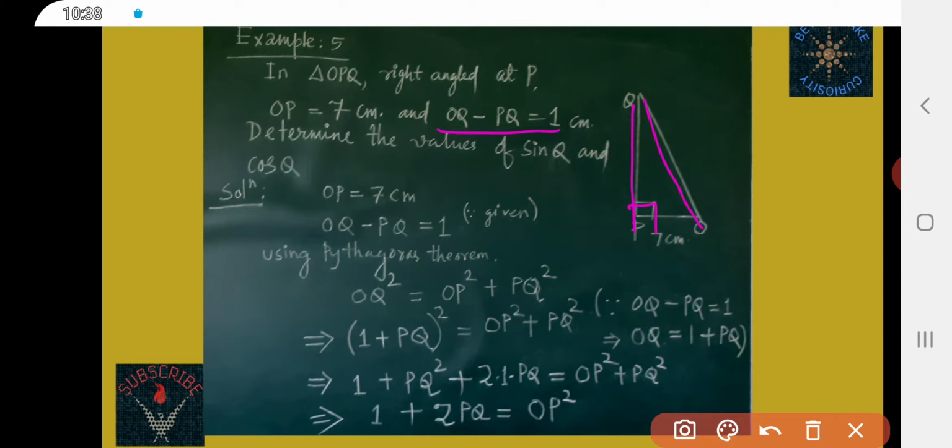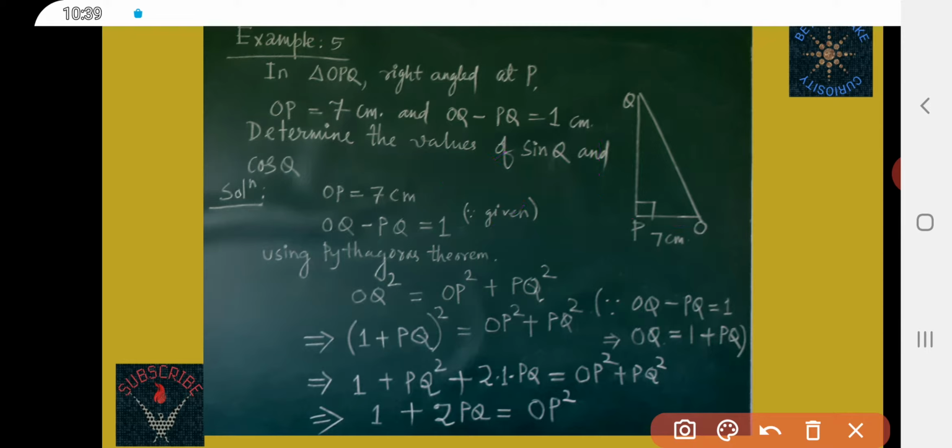Then determine the values of sin Q and cos Q. Okay. So here OP is equal to 7 centimeter, OQ minus PQ equal to 1 given. So one side is given, so we have to find OQ as well as PQ, so that we can find sin Q and cos Q.